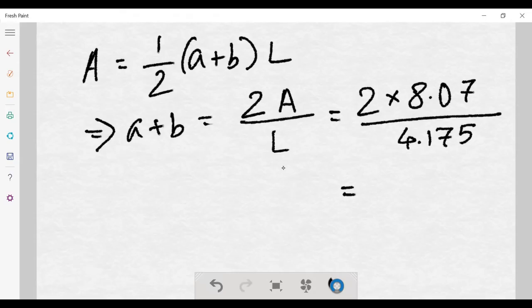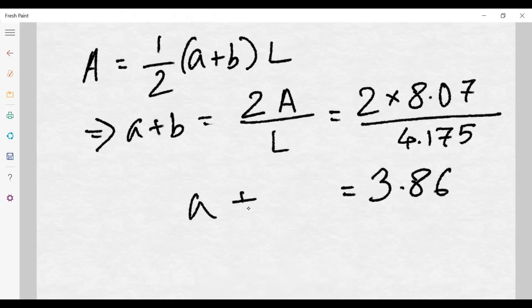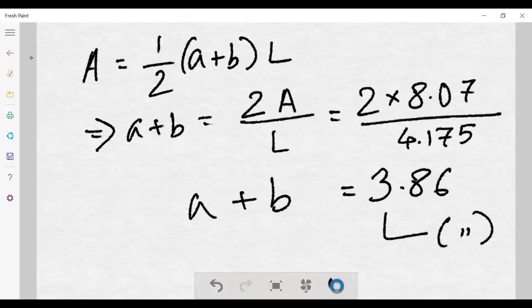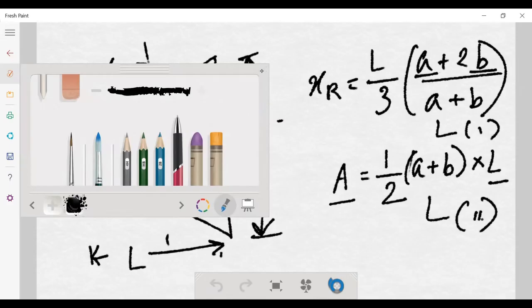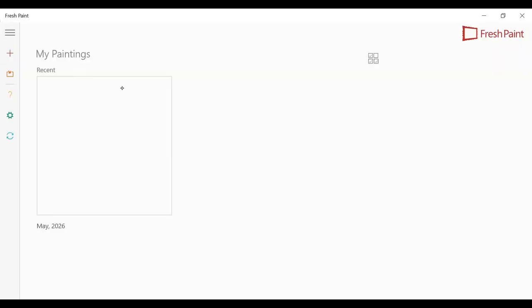It becomes 3.86. So A plus B is equal to 3.86. That was the second equation I gave you in the previous slide. Now you go to the first equation.